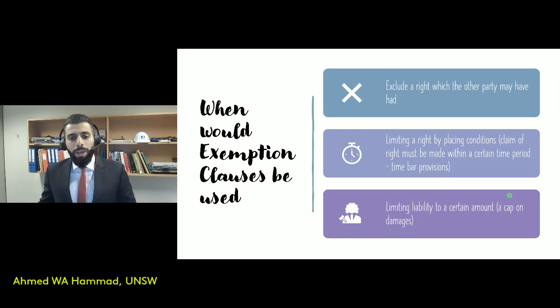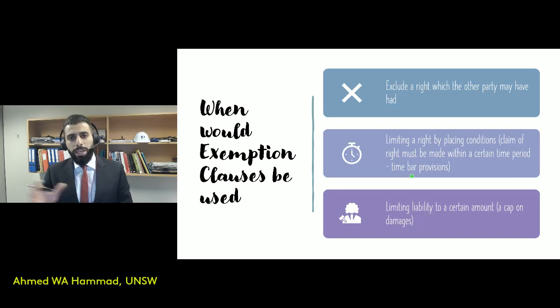An example of that would be the time bar provisions. So a time bar provision is basically where a claim of right by the other party must be submitted or must be made to me, for instance, within a certain period of time. So I do specify that their claim has to be made within a certain period of time for it to be included.